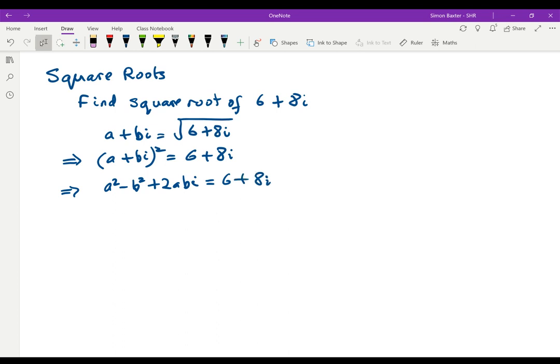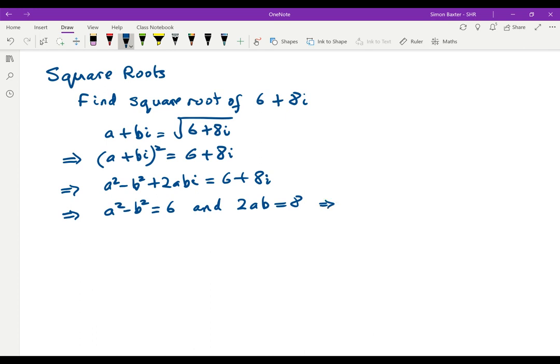Now we have two complex numbers which are equal. From what we've just done, the two real parts must be equal. So a squared minus b squared must be equal to 6. And the two imaginary parts must be equal. And so 2ab is equal to 8.